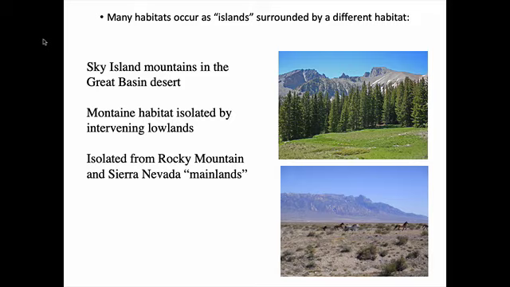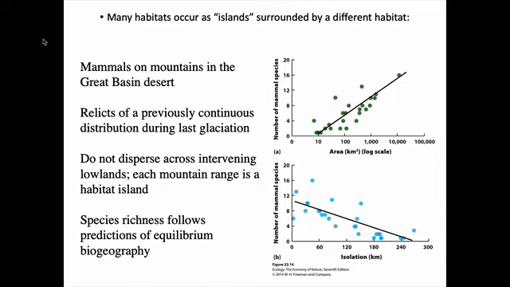So what patterns do we see when we look at these sky islands? Well, okay, here's the mammal species, and here's the area of the sky island. Well, hey, that's exactly what we predict from island biogeography theory. Here's the number of mammal species and the distance in kilometers from the mainland.